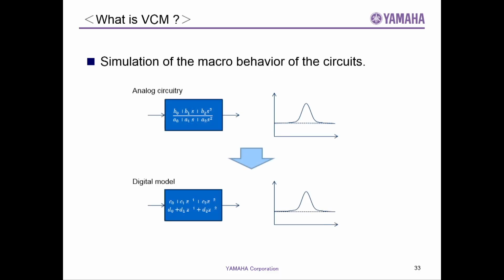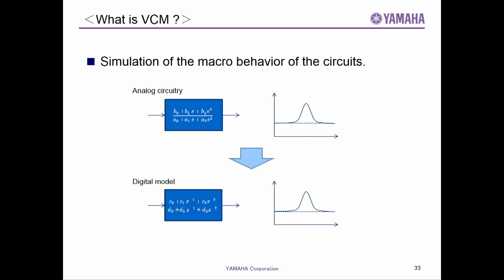Fortunately, in many cases the very standard S domain to Z domain conversion using the bilinear Z transform, and so on, that kind of math can convert the analog domain transfer function into the digital domain transfer function very easily.